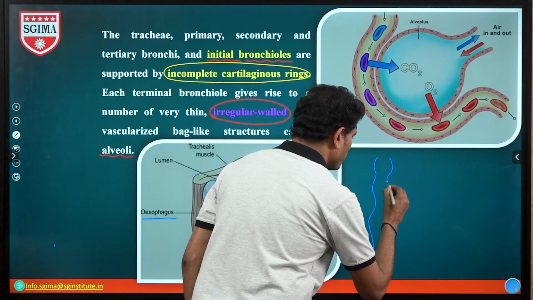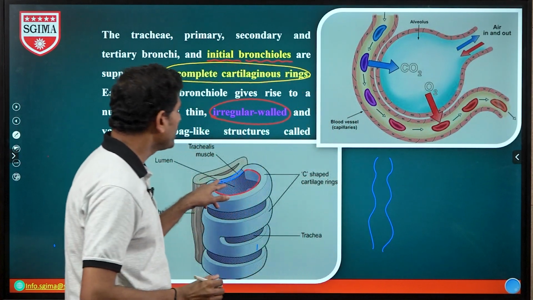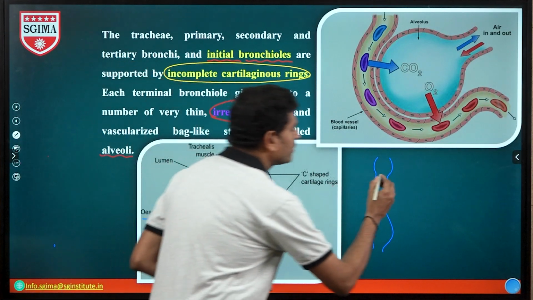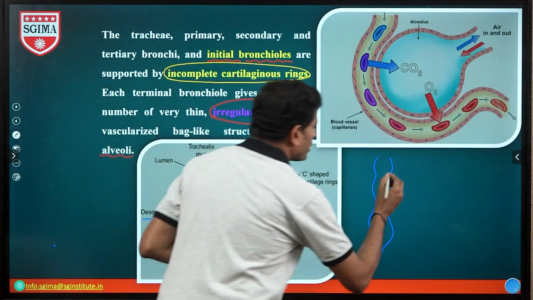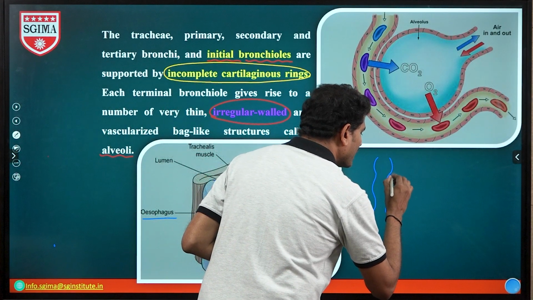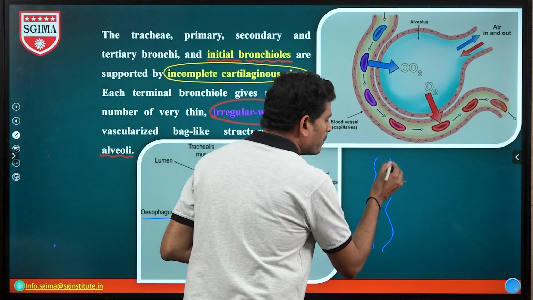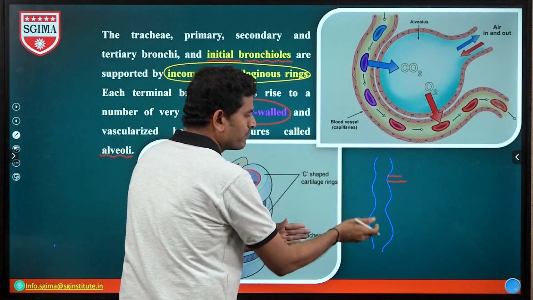These wave-like movements are facilitated by these incomplete cartilaginous rings. If these were complete rings, it would obstruct the peristaltic movement, and the passage of the food material.